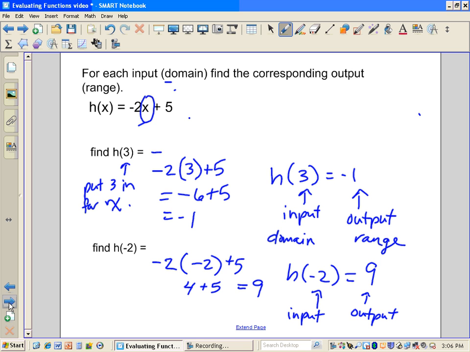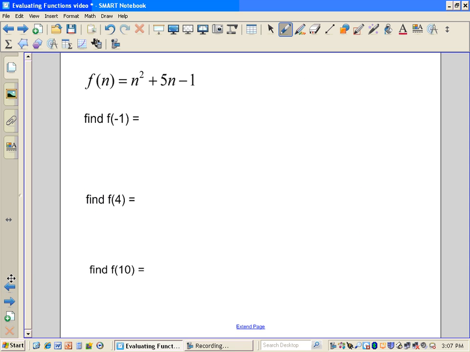Let's look at a couple more examples. Here's a little bit more of a complicated function. f of n is equal to n squared plus 5n minus 1. Well, I want to find f of negative 1.